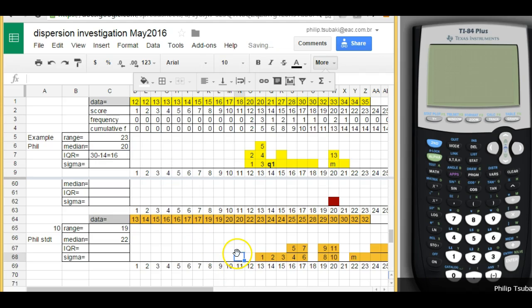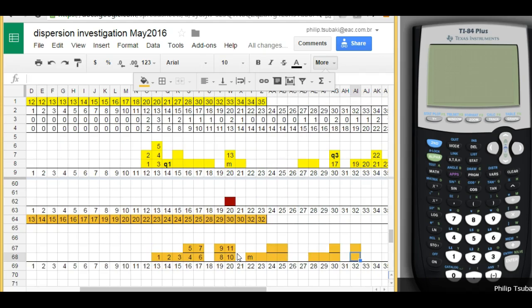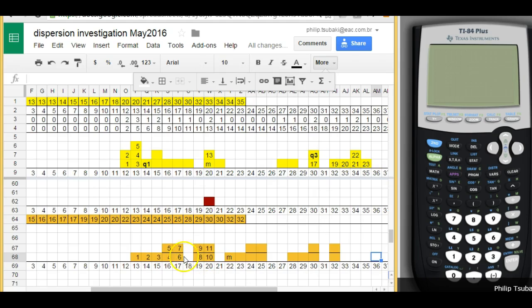Okay, and then finally I'm going to do the same thing down here. I'm going to count up to the 6th block, and I'm going to mark it Q1. And then I'm going to count up to the 18th block, which is 24 times 3/4, 18, right?